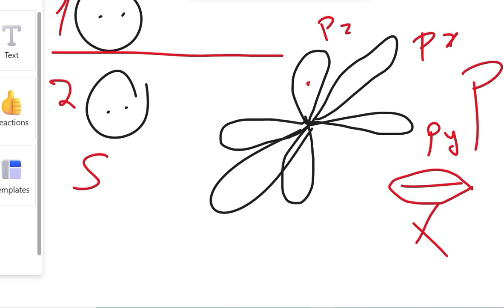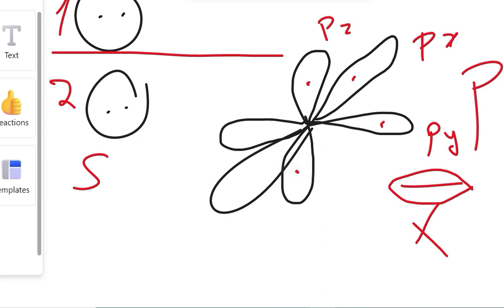So we start filling 1. We have 6 in total, right? So 2 in the S, and now we need to add 4 more. So 1 in Pz, 1 in Px, 1 in Py, and the second one can be in either of Px or Pz or Py. Let's say in Pz.